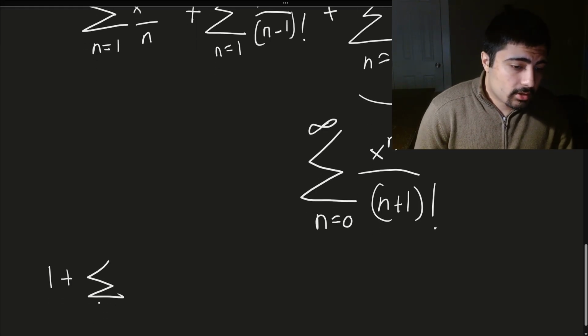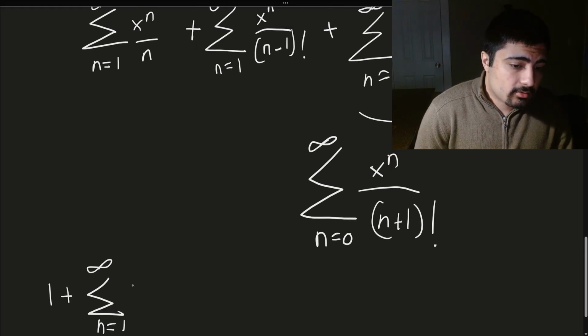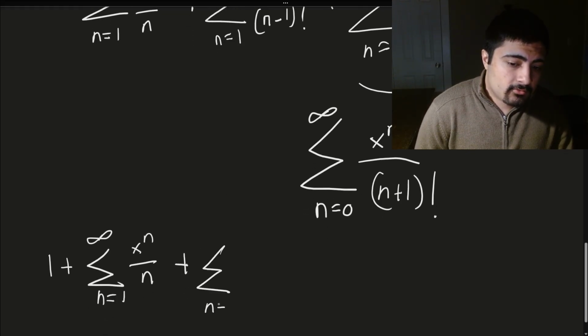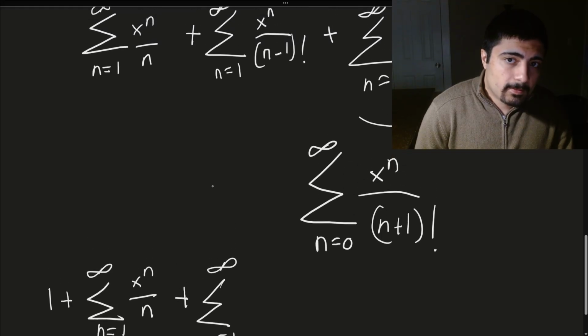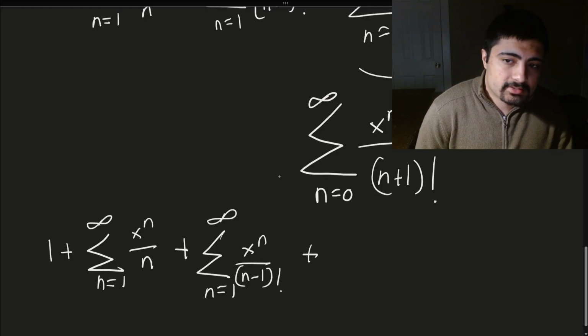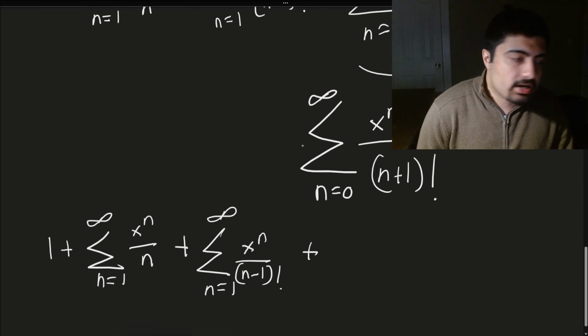Okay, n equals 1 to infinity, x to the n over n, plus the sum from n equals 1 to infinity of x to the n over n minus 1 factorial plus, now our index will change for this final piece of the series.